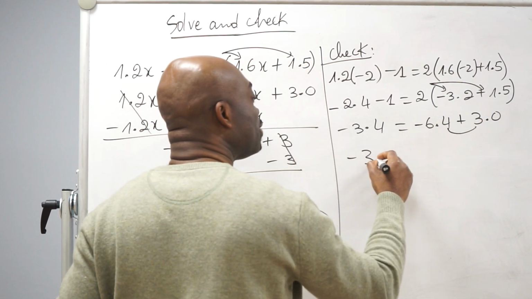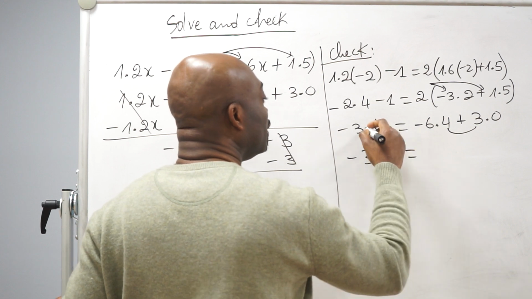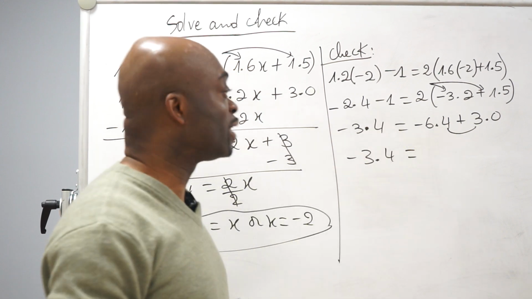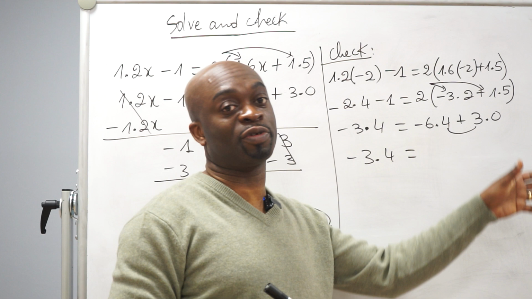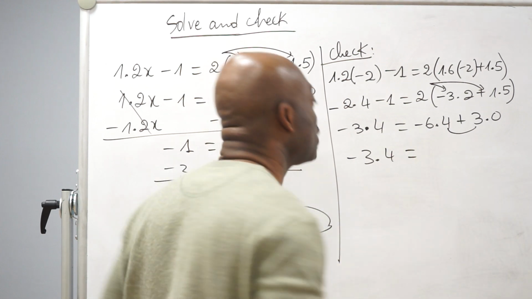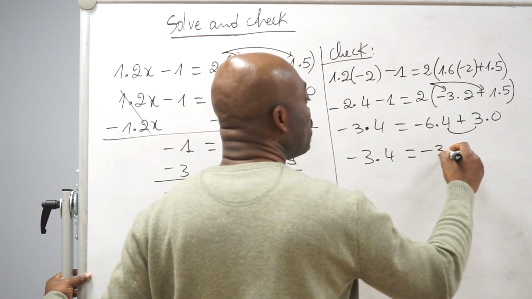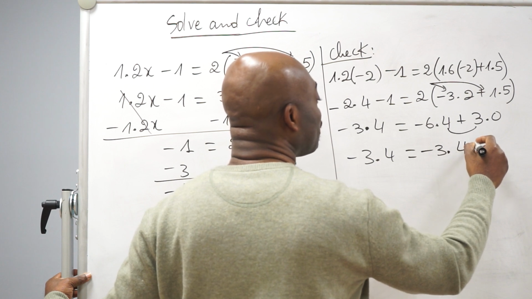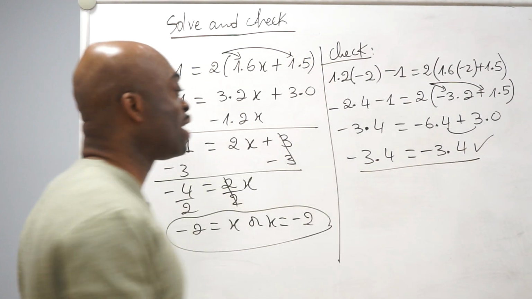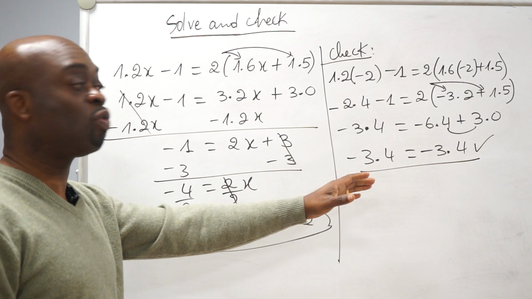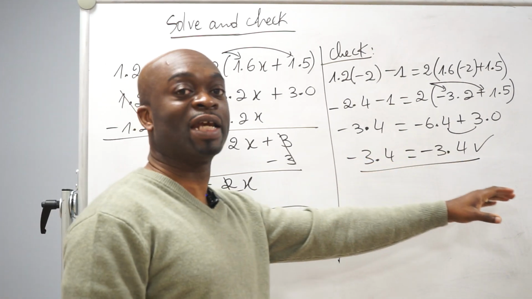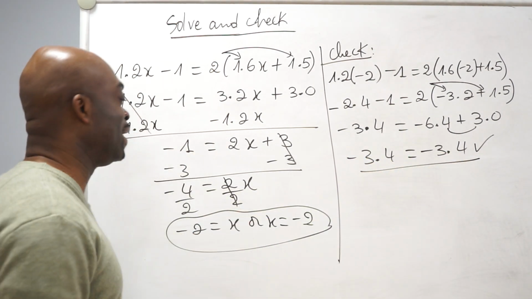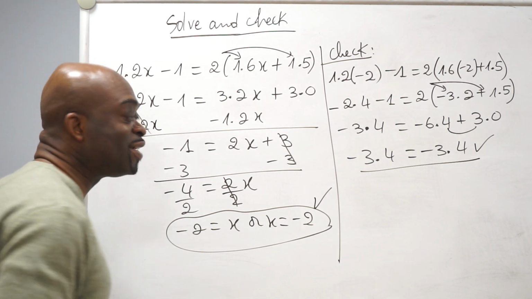We just bring down the -3.4, and that is equal to -6.4 plus 3.0, which gives us -3.4 as well. This checks out. As long as it checks out, the left side is the same as the right side, and this means that this answer is correct.